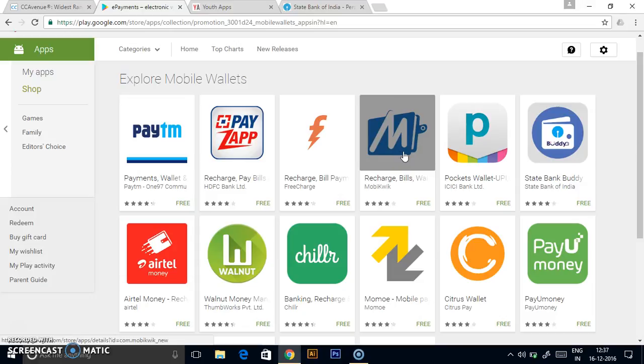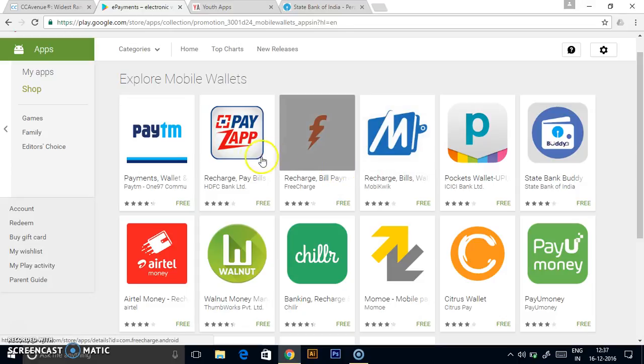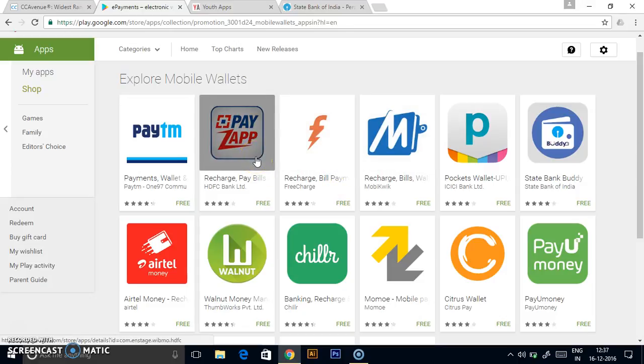What's more interesting is that one is you are transacting your money, and the other is they provide you cashbacks. To encourage you to get into these wallets, they are providing cashbacks on a lot of transactions now. So you don't have to have any fear. All you have to do, if you are using an Android phone, is go to Google Play and download it.